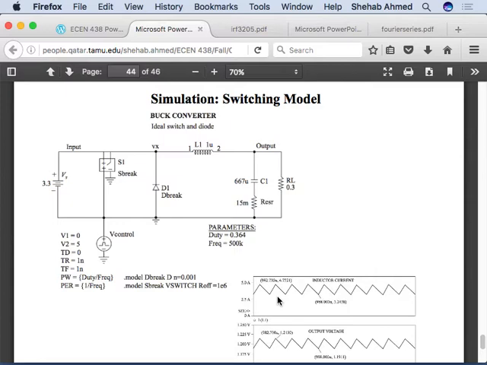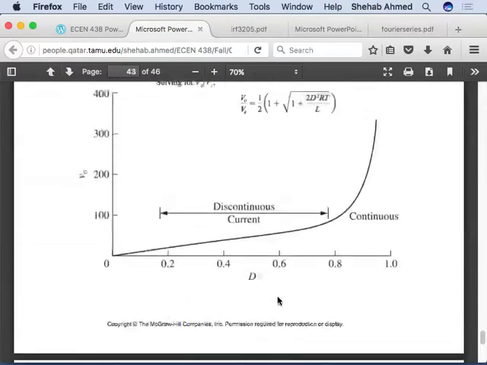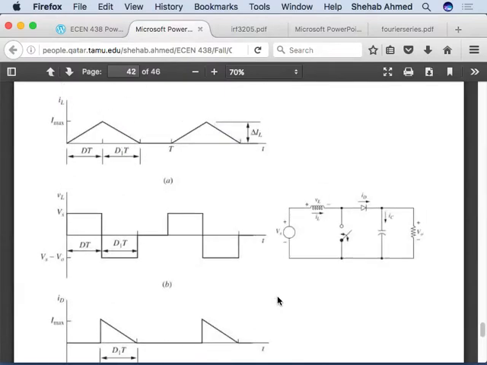The other reason we try to come up with a model for the circuit is that you want to control this power converter. The only parameter that you can control is what? No. After everything is set, you've chosen your switching frequency, you've designed your converter, we chose our diode, our MOSFET, our inductance, our capacitance.